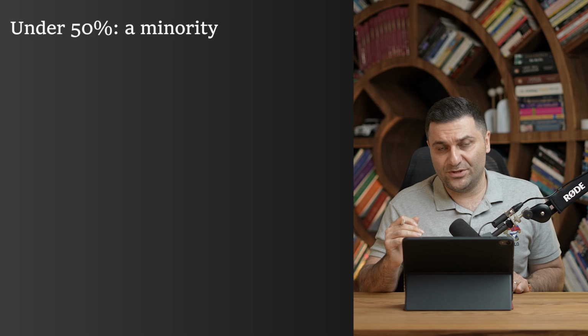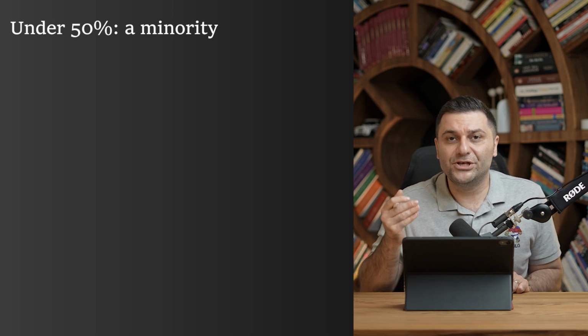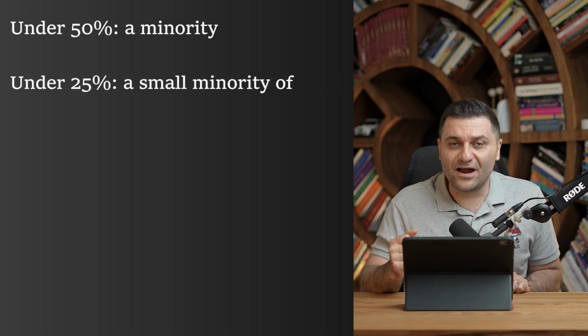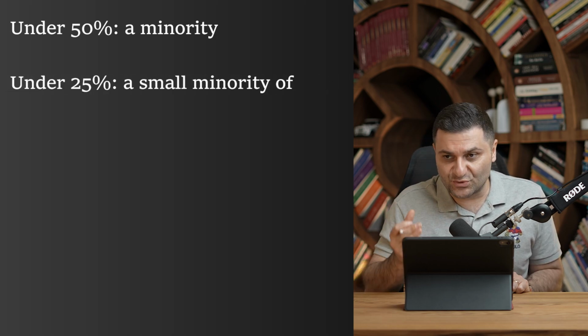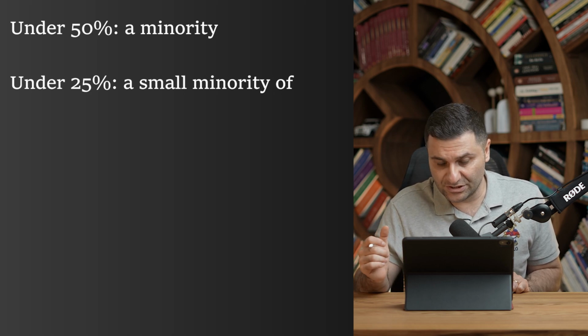All right, we can use other ways to talk about percentage. For example, if something is under 50%, we can write a minority of. If it's under 25%, you can write a small minority of.